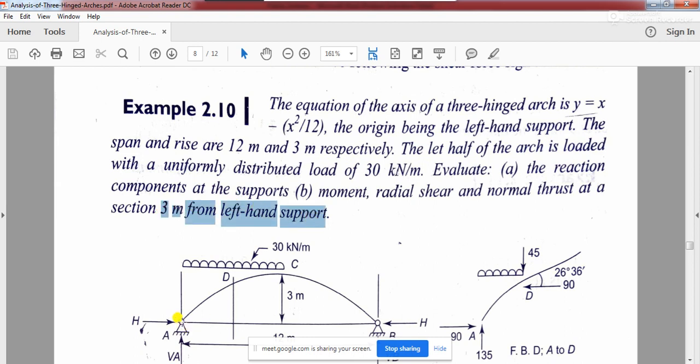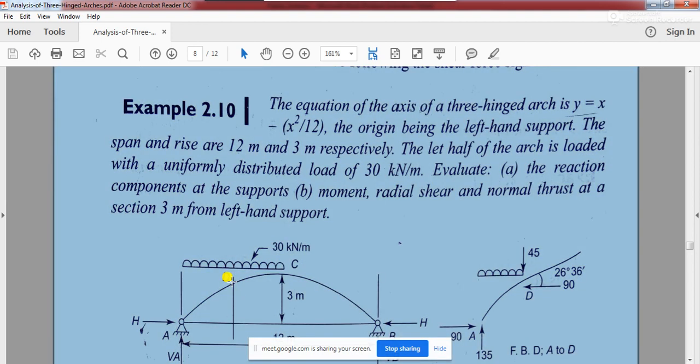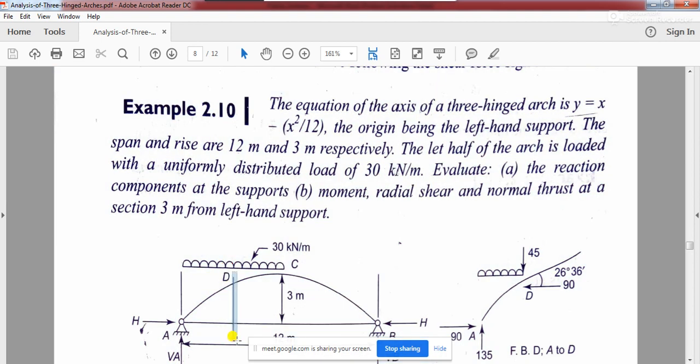So at a section which is at a distance of 3 meter from the left hand support, that means at this point D, if you take a section, you will have to find out what is the moment over here. So how do you find out moment at point D?